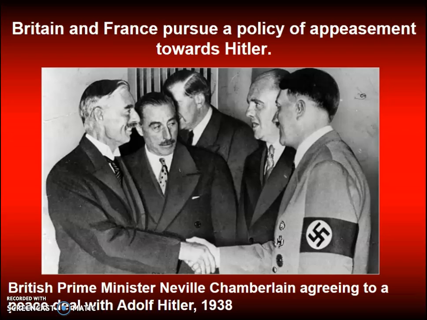I've already mentioned, for example, Nazi Germany's annexation of Austria in 1938. They will then go on to take over the Sudetenland, a portion of Czechoslovakia. Britain and France will meet with Adolf Hitler at the Munich Conference in 1938, and hoping to avoid war, they will agree, they will acquiesce to Germany's seizure of this territory, so long as this is where it stops.